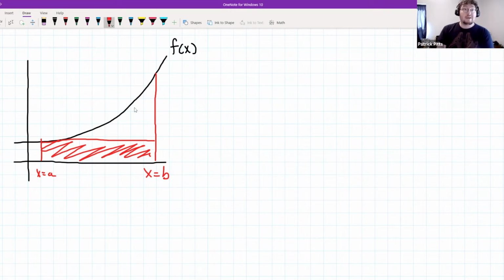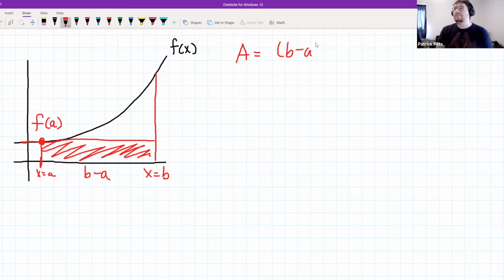I need a length and a width. This area is bound by this lower and upper x value, so the width is just b minus a. And the height is given by this y value here, that's just f evaluated at a. So the area of my rectangle is b minus a times f of a.